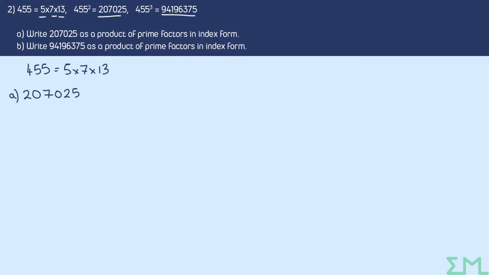207,025, because we already know that this is 455 squared, then we can write that as a product of 455 times 455. If we then replace each of the 455s with the product of prime factors, then our larger number has also been written as a product of prime factors.